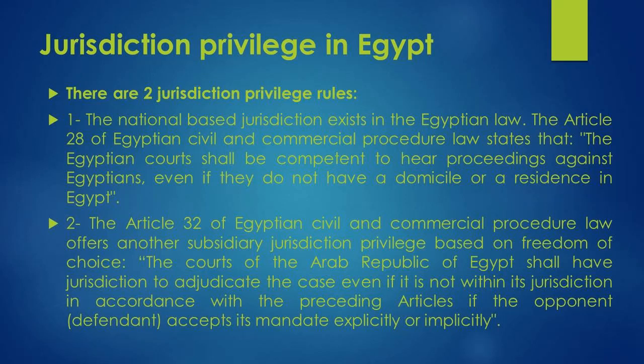The international jurisdiction of Egyptian courts based on freedom of choice. What does that mean? It means that when we talk about the freedom of choice, the parties in this case, the plaintiff and the defendant, could agree that they will seize the Egyptian courts, even if it's not competent according to the general rules of jurisdiction and the specific.